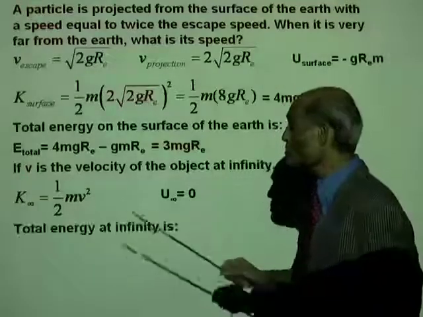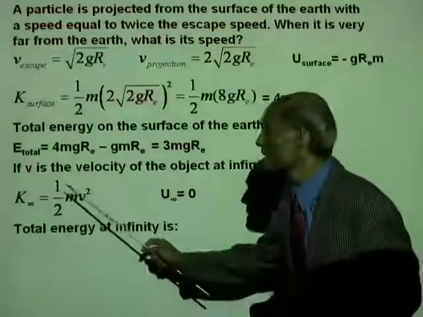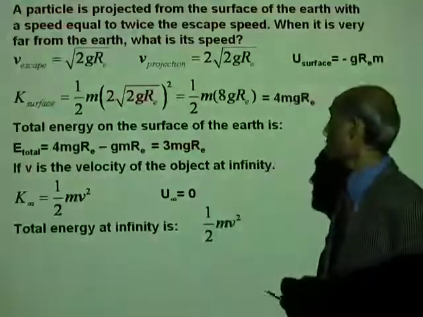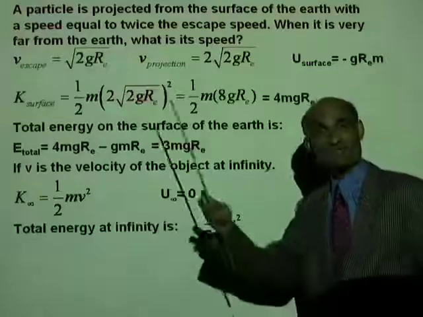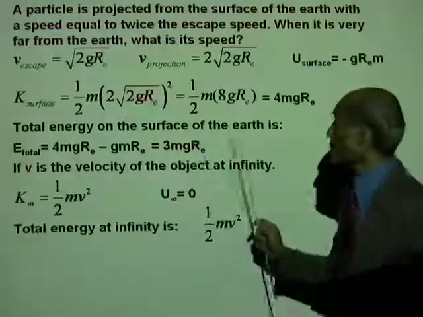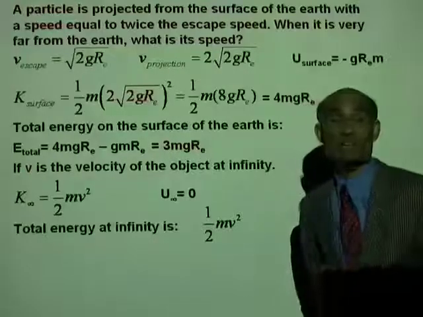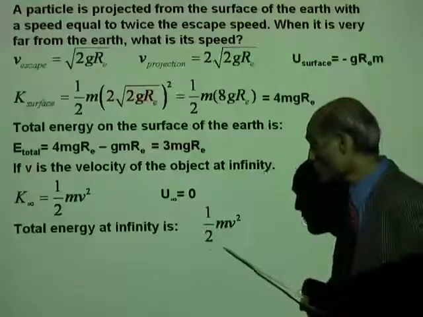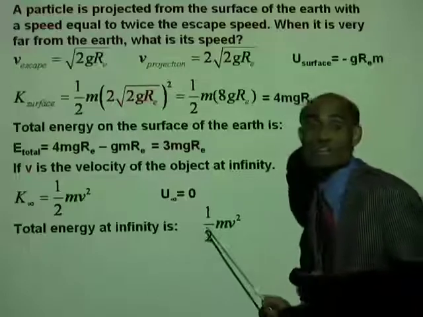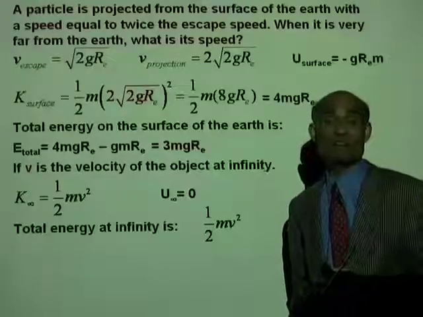The total energy at infinity is therefore 1/2 mv squared. And look at how simple this problem is. The total energy on the surface of the Earth is 3mGRE. The total energy at infinity is 1/2 mv squared.